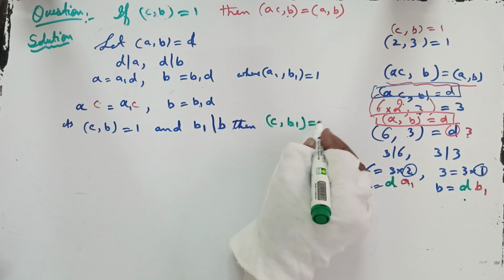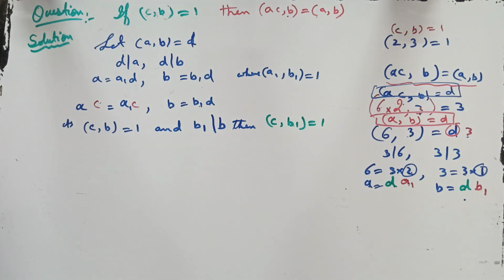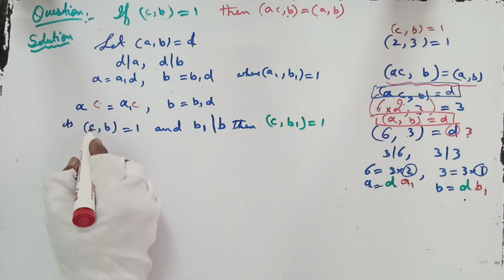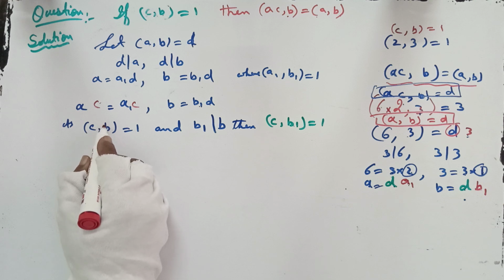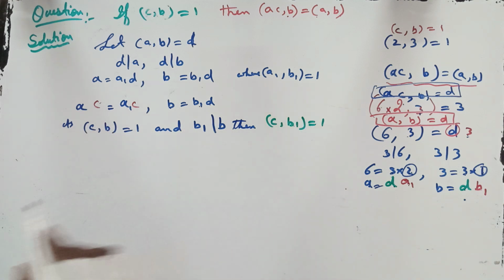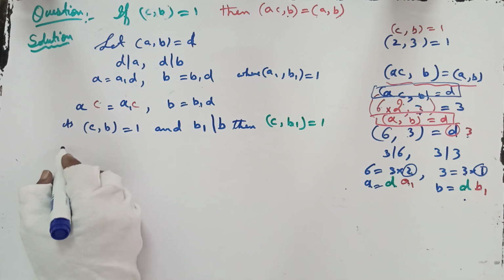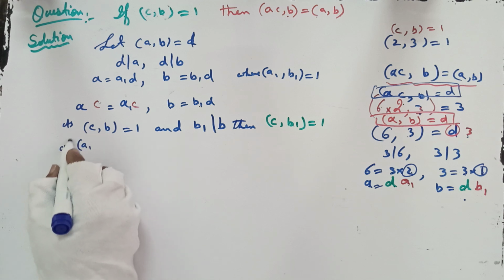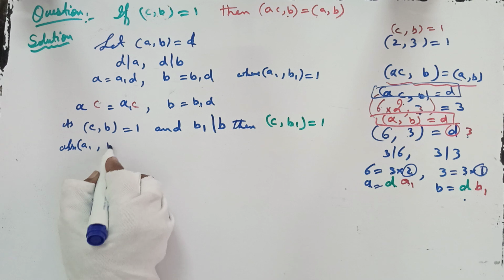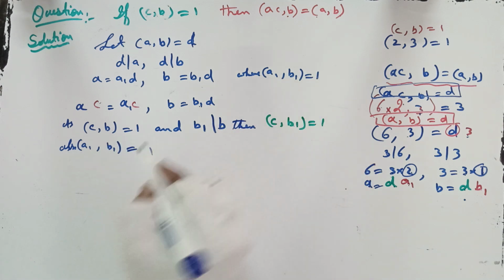are also relatively prime. If two numbers are relatively prime and some number divides one of them, then that number and the other must be relatively prime. So I have two expressions here: A1 and B1 are relatively prime, we know that.